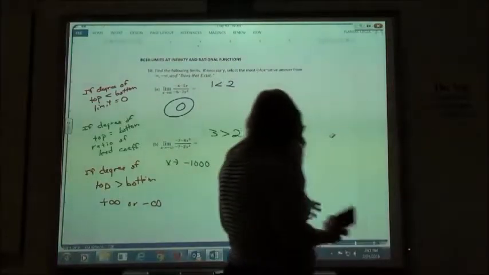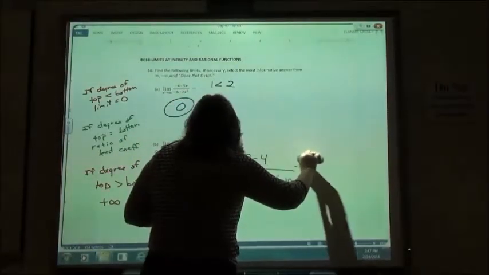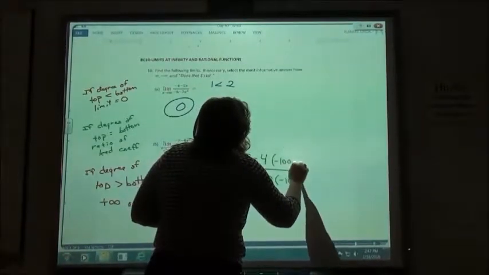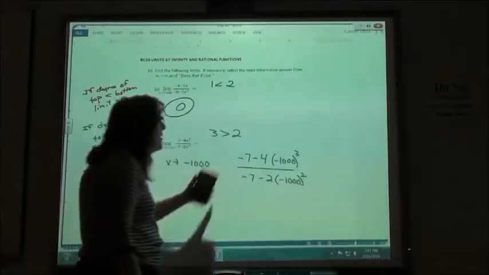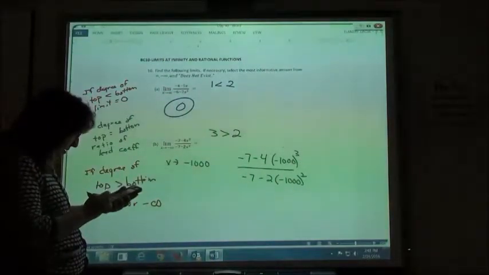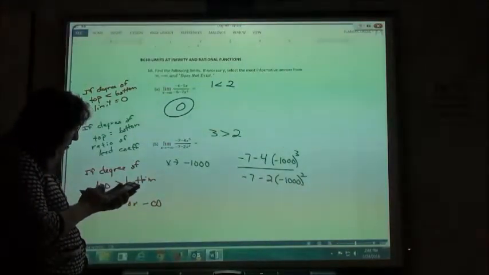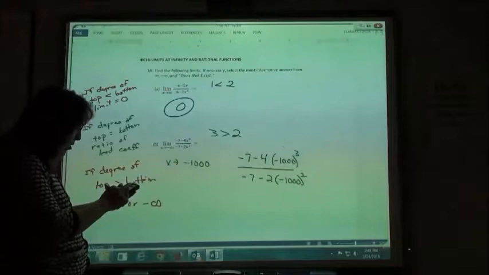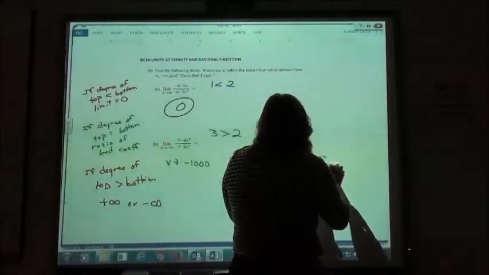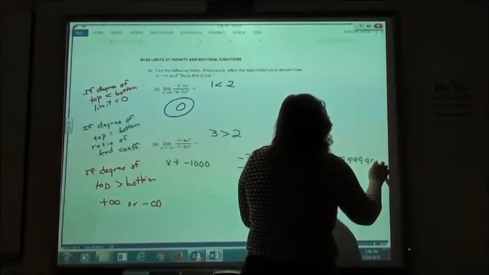So on the top, I was going to take a shortcut, but that's not going to work very well. So I'm just going to punch the top in. Negative 7 minus 4 parentheses, negative 1,000, 1, 2, 3, cubed. Gives me 3,999,999,993.